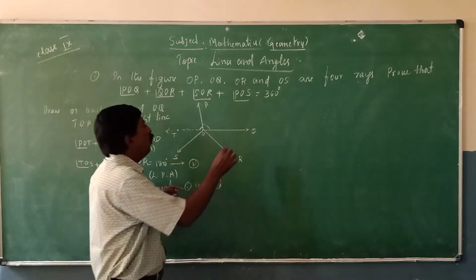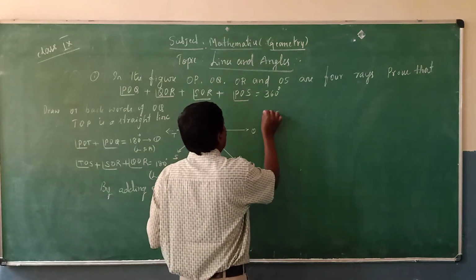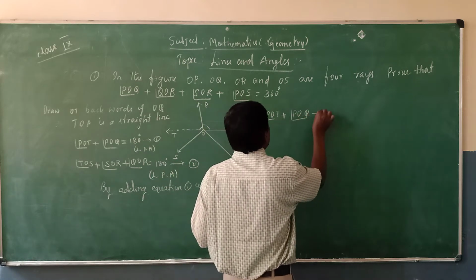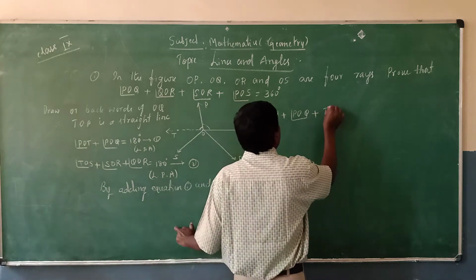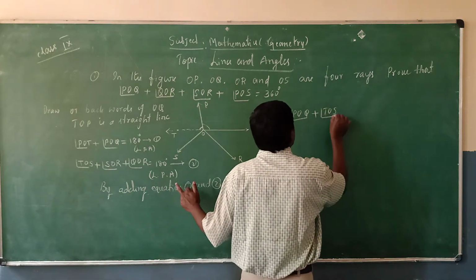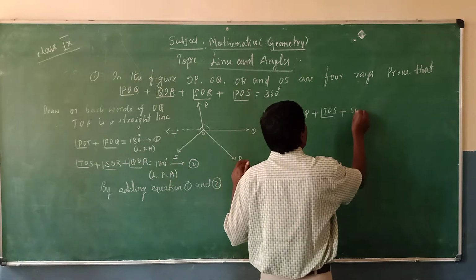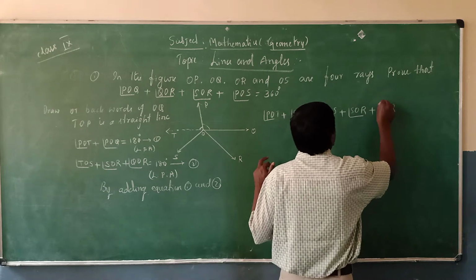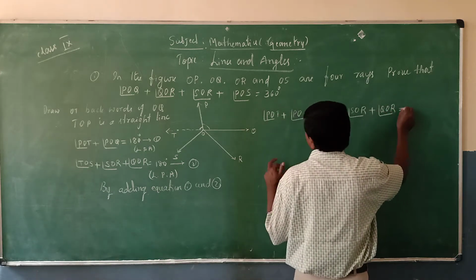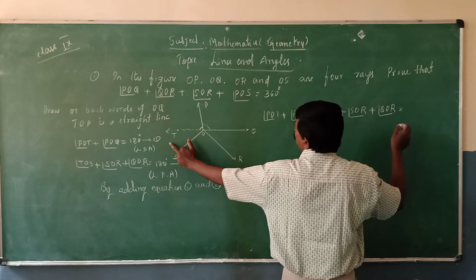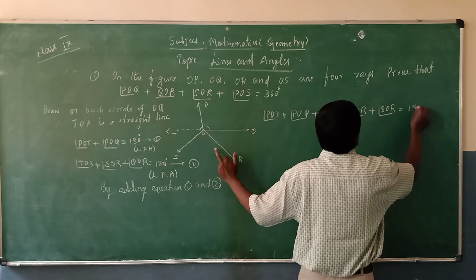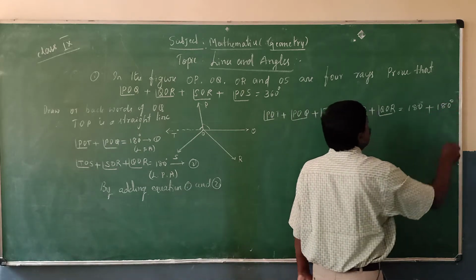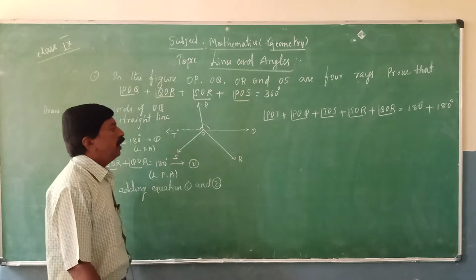That is POT plus POQ plus TOS plus SOR plus QOR is equal to, here POT plus POQ is 180 degrees, plus on the right side here is also 180 degrees. So on the RHS, 180 degrees plus 180 degrees.